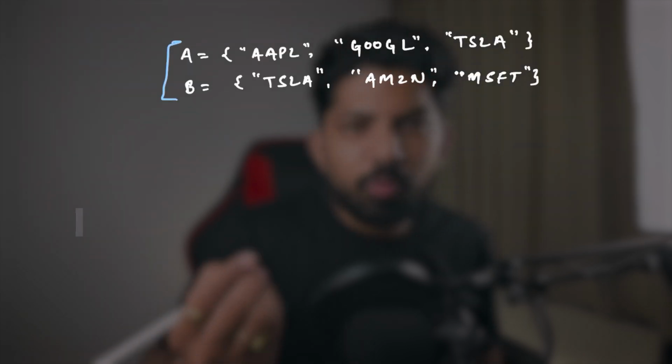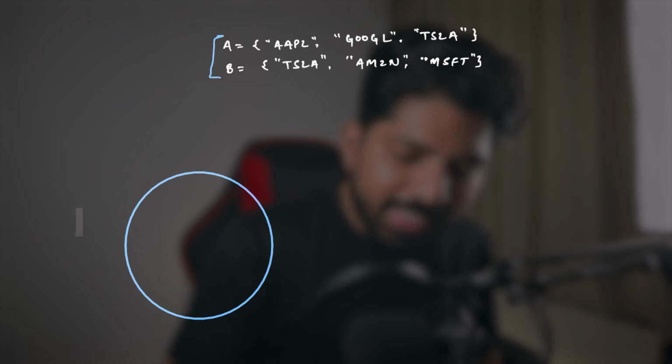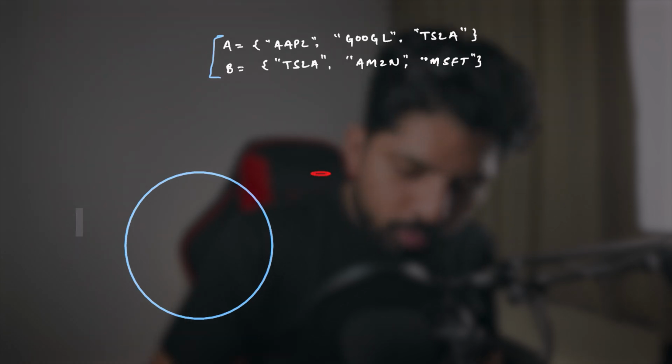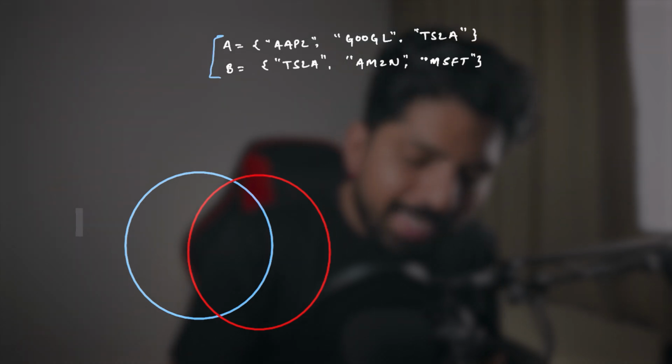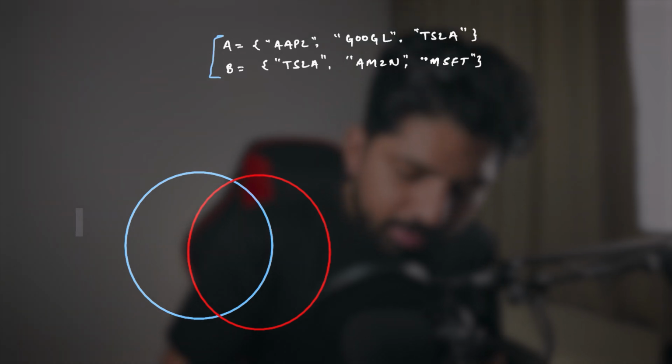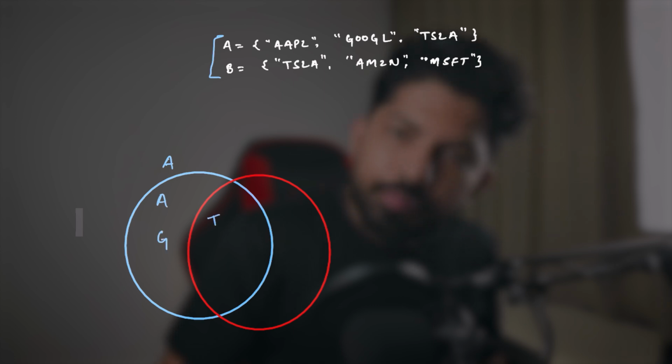Let's create some Venn diagrams. For example, we have a set A, then we have set B, right? Here we will write the set elements. In set A, we have Apple, so I'll just write the first letter. Then we have Google, and another we have is Tesla, correct?